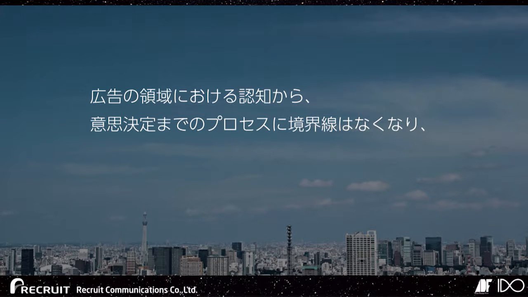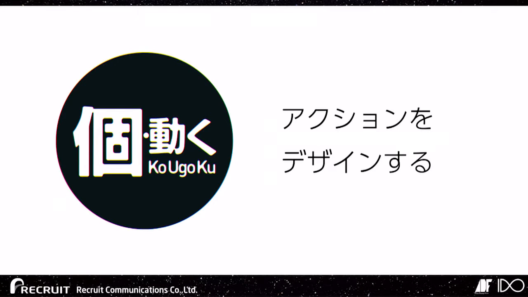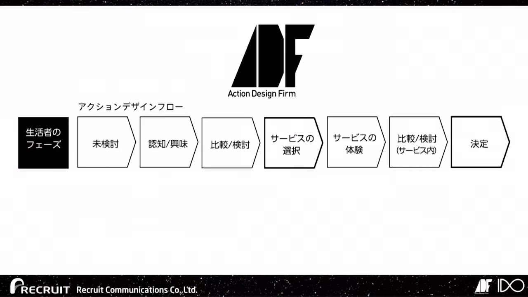And provide information and sector service. So the boundaries are diminishing gradually, and it's more important you decide by yourselves. And designing the action is very important now. And this one is the flow which Recruit made.